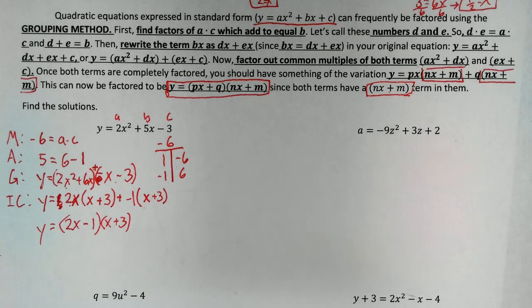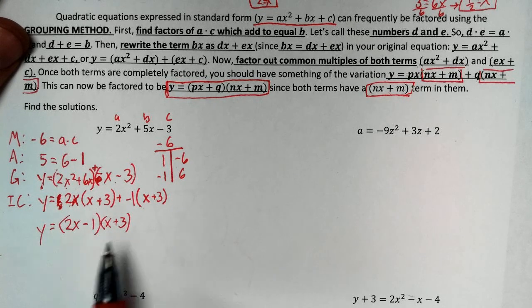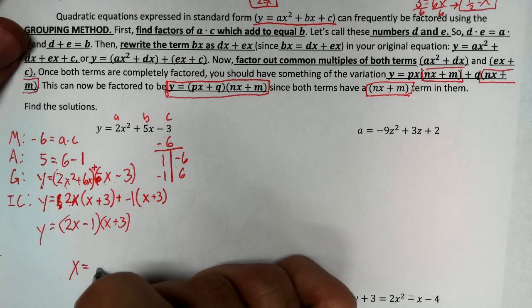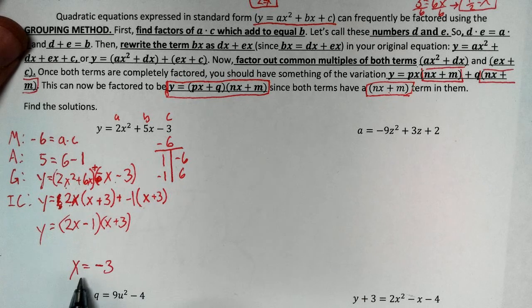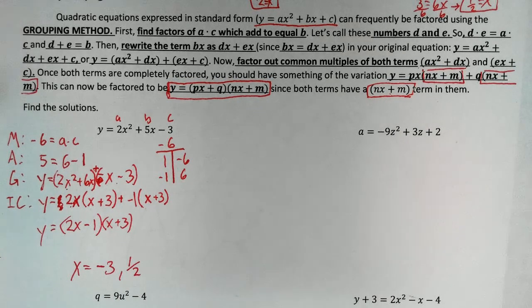Okay? Now, we're going to find the solutions, so I'm going to speed a little bit through this. I'm just looking for what's going to zero out either of these terms. And doing this in my head, you can check it if you want. Maybe pause it and work it out yourself. -3 is going to zero this out, and 1/2 is going to zero this out. Okay?